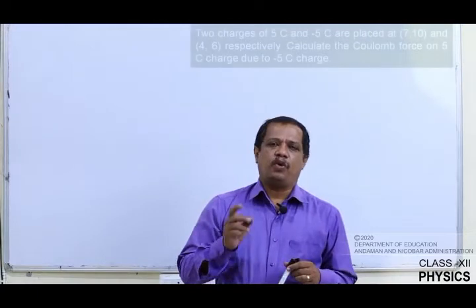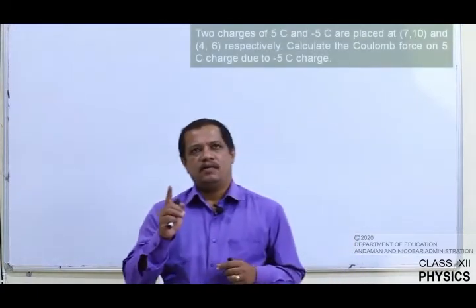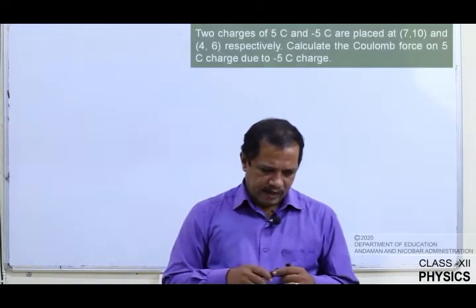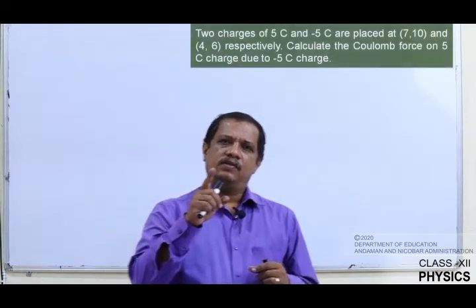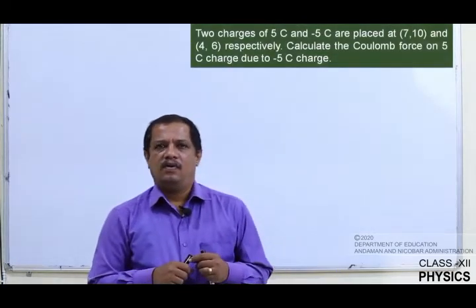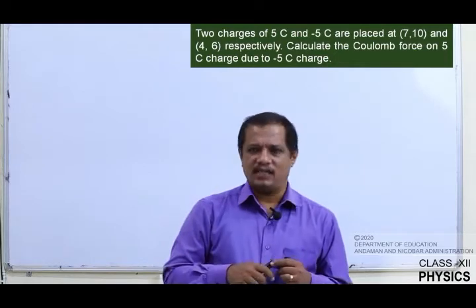Let me say that I have 2 point charges. One is 5 microcoulomb and the other one is minus 5 microcoulomb, or rather let us say 5 coulomb and minus 5 coulomb.